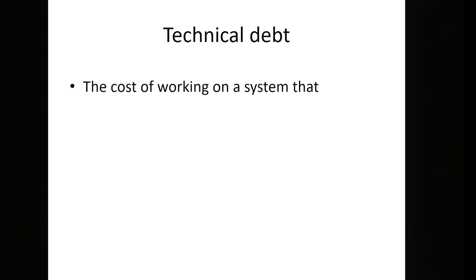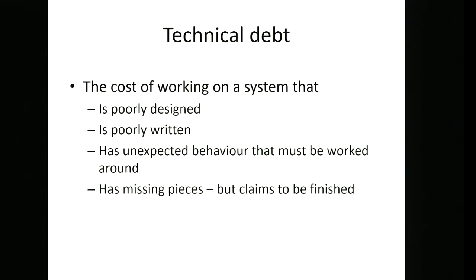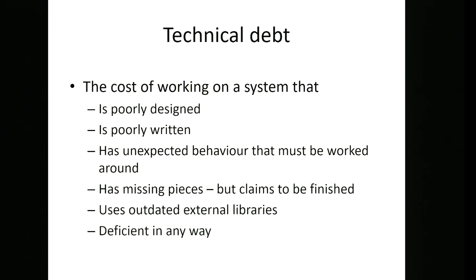Right, technical debt. I mentioned that earlier. Technical debt is the idea that there are issues in the code, and basically it is the cost of working on a system that's poorly designed or poorly written, or has unexpected behaviour that must be worked around, has missing pieces but claims to be finished, uses outdated external libraries, or is indeed deficient in any way.